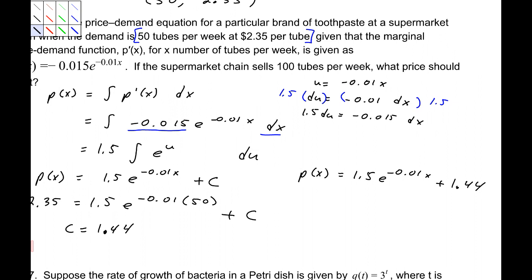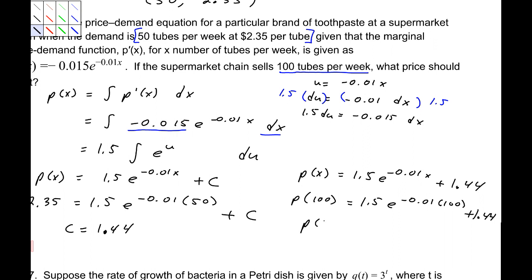Now what we're actually asked for here is, if they sell 100 tubes per week, what price? We actually are trying to find price. So the price, if they do 100 tubes per week, is 1.5 times e to the negative 0.01 times 100 plus 1.44.